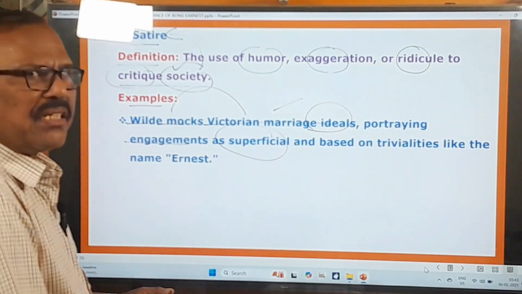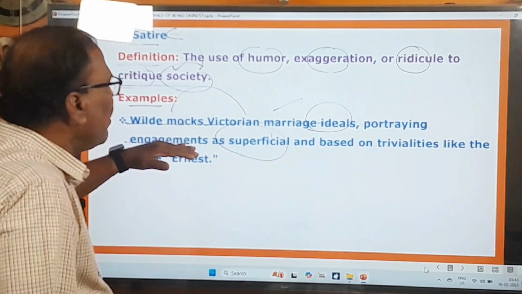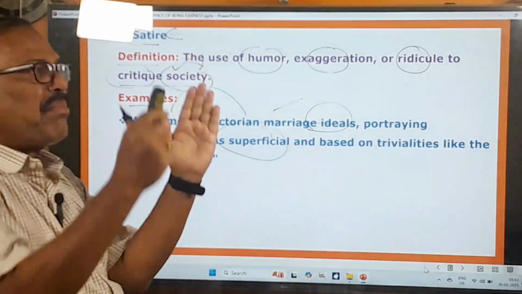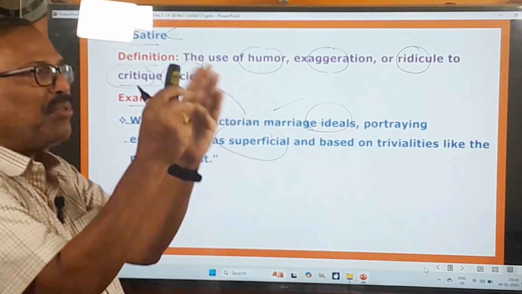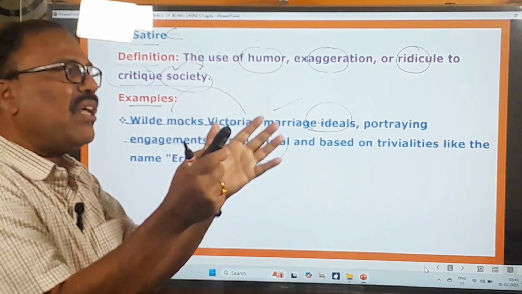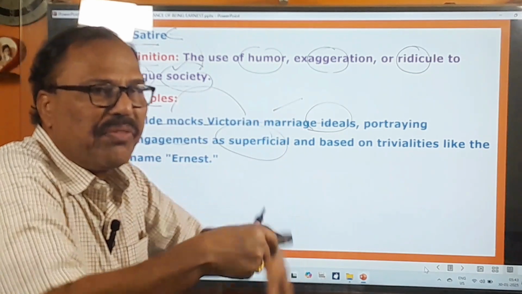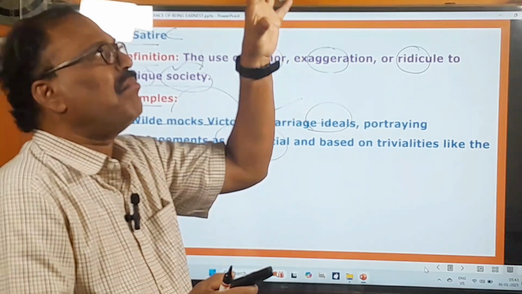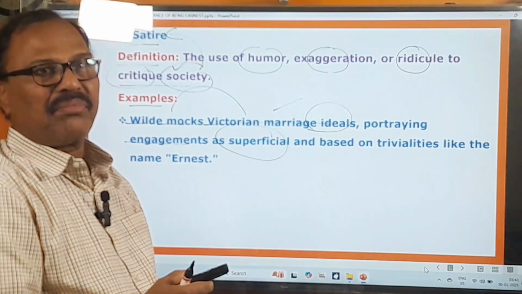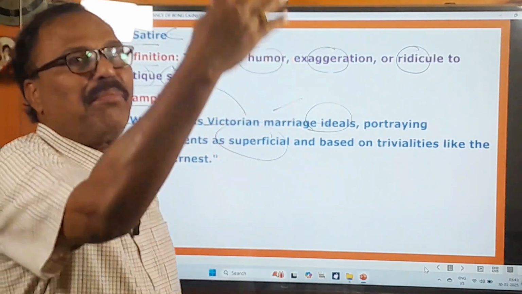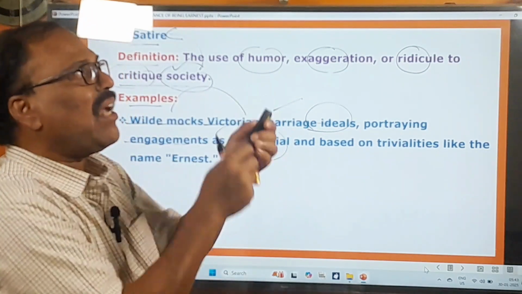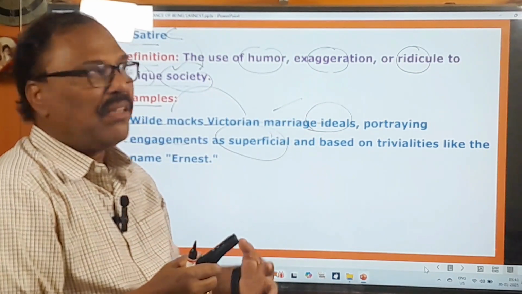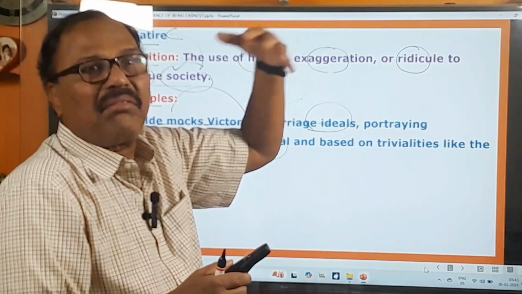In those days, these engagements were held superficially. That means the bride and bridegroom would be engaged to each other, though there was no deep love between them. Just on seeing the handsomeness of the bridegroom, the beauty of the bride, the height of the bridegroom, the color of the bridegroom, the wealth behind that bridegroom.